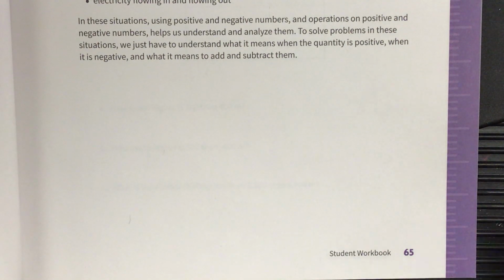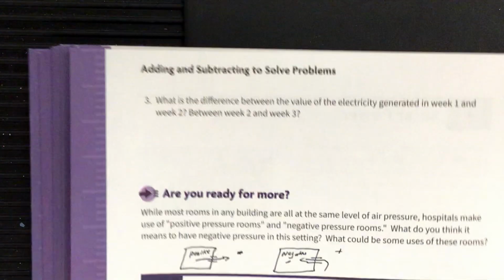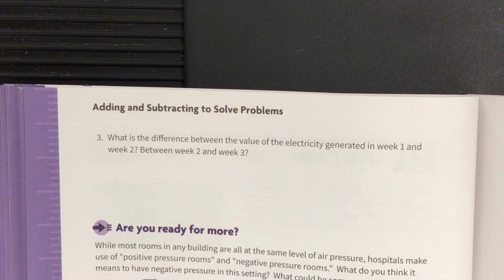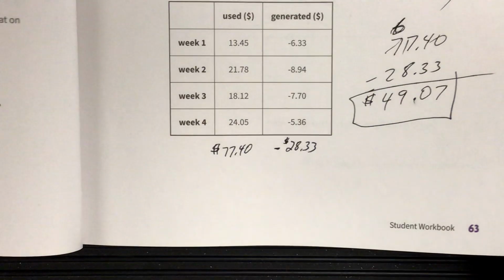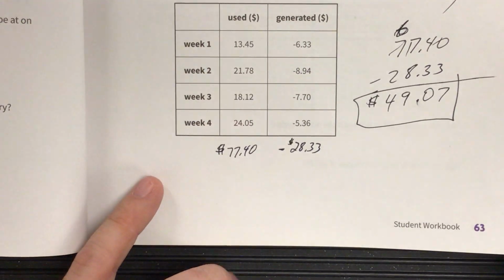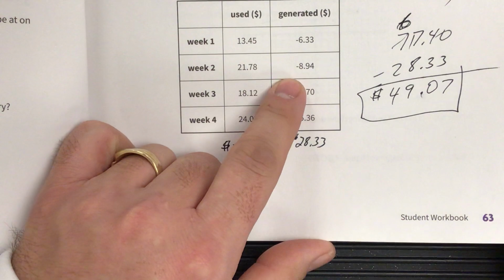Question 2, or 3, sorry. What is the difference between the value of electricity generated from week 1 to week 2? Okay, week 1 to week 2. So I got to subtract those two numbers.